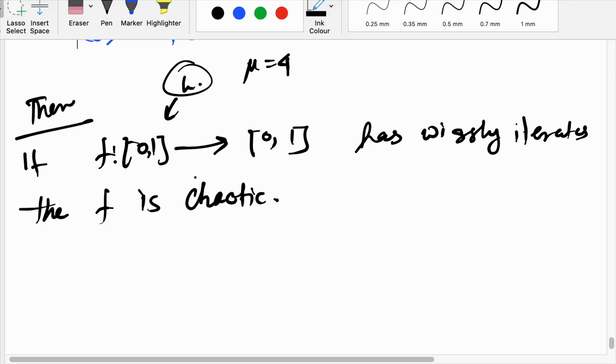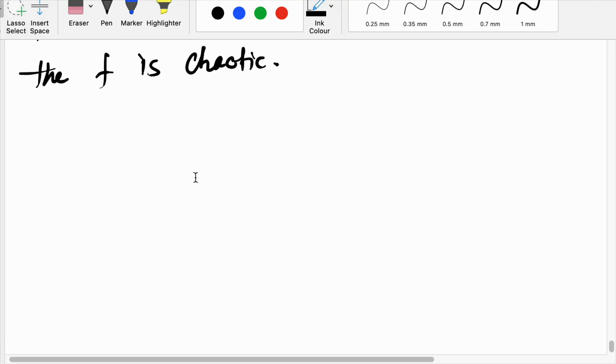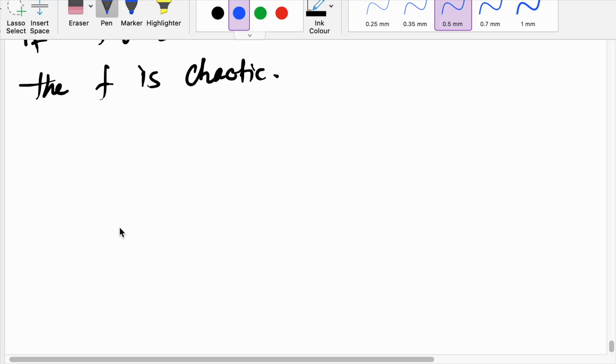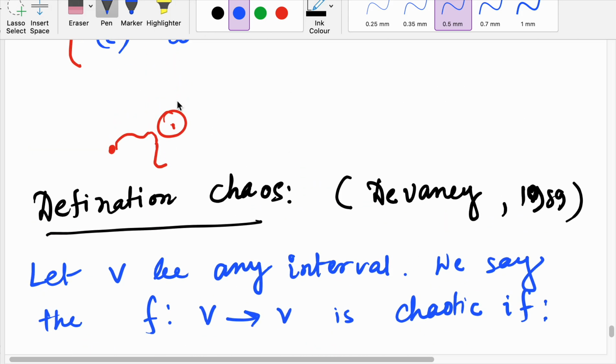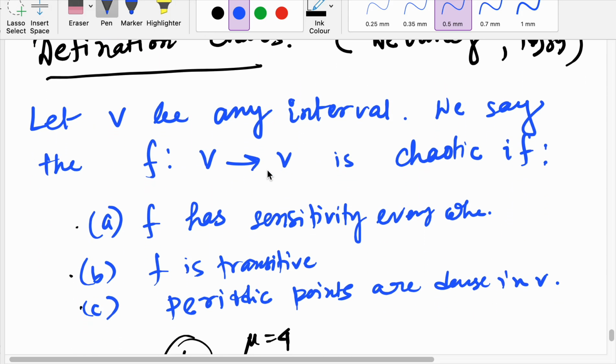So that's all. In the next class we will see the fractals, and this is the end of chaos. Now let me stretch a little more and say two things. One, this definition of chaos is not limited to any interval.